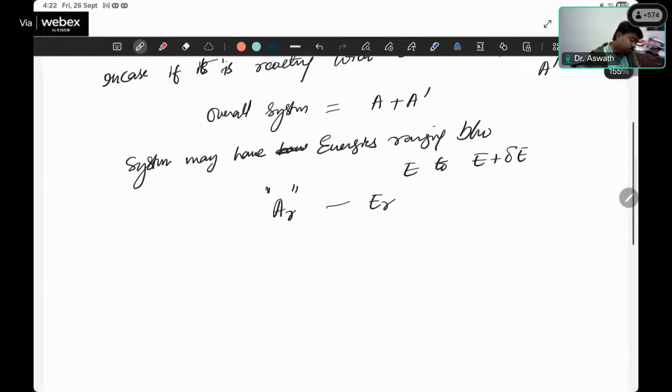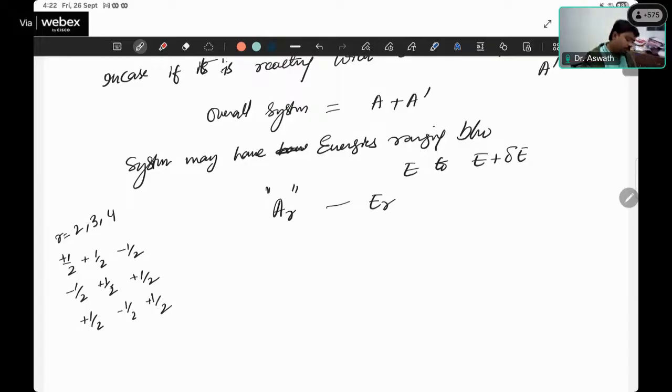With R equal to some fixed value, let's say R equal to 2, R equal to 3, R equal to 4, the R is the index where plus half, minus half, minus half, plus half is the arrangement. And plus half, minus half in the middle, plus half is the arrangement of the three spin system.